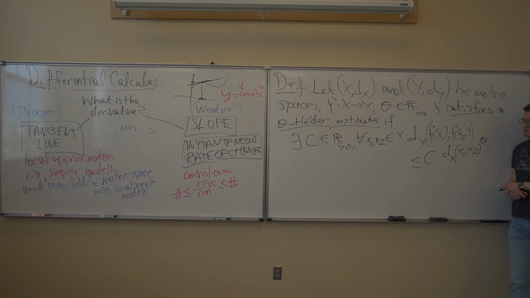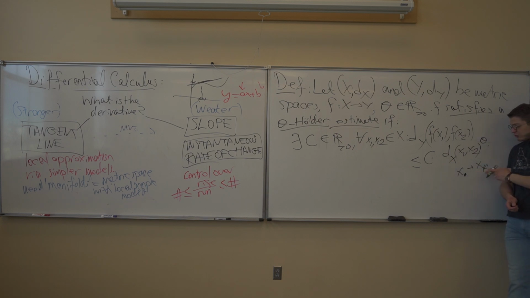So what is going on here? Well, one thing is that any function that satisfies this estimate has to be continuous. Okay? Because if I have x_n converging to x star, well, the distance between their images is bounded by some multiple times the distance between these two to some power.